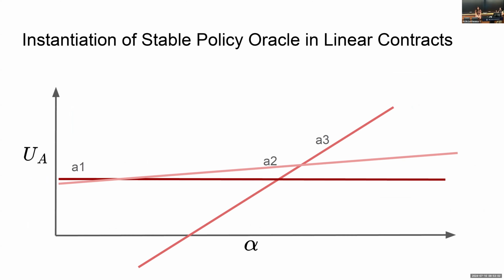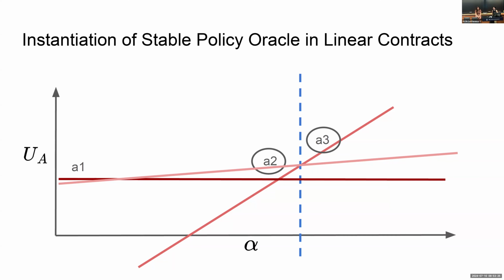Here we draw a plot where every line represents the utility of the agent if they take a specific action, as a function of alpha. Then we choose the optimal policy, assuming the agent will epsilon best respond in favor of the principal.